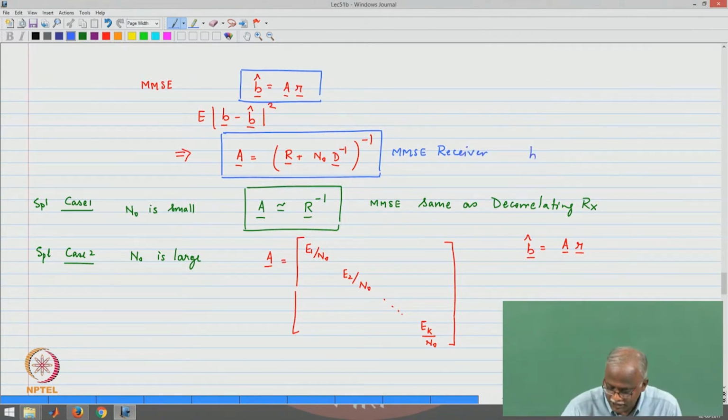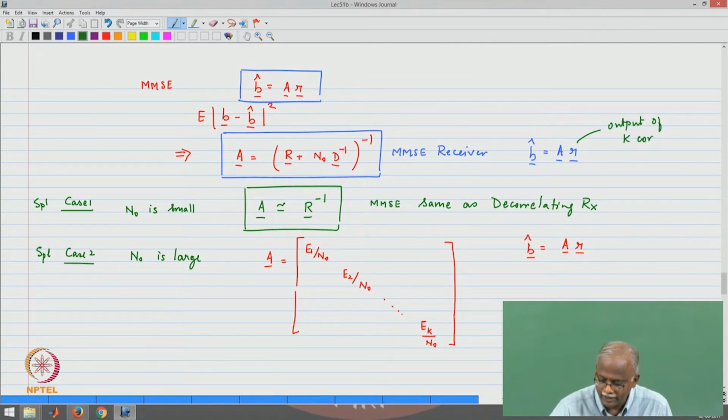And the decision statistic itself is given by A times R, where R is the output of the K correlators. So, we get the received signal, pass it through each of the K correlators, matched filter to each of the K spreading waveforms.